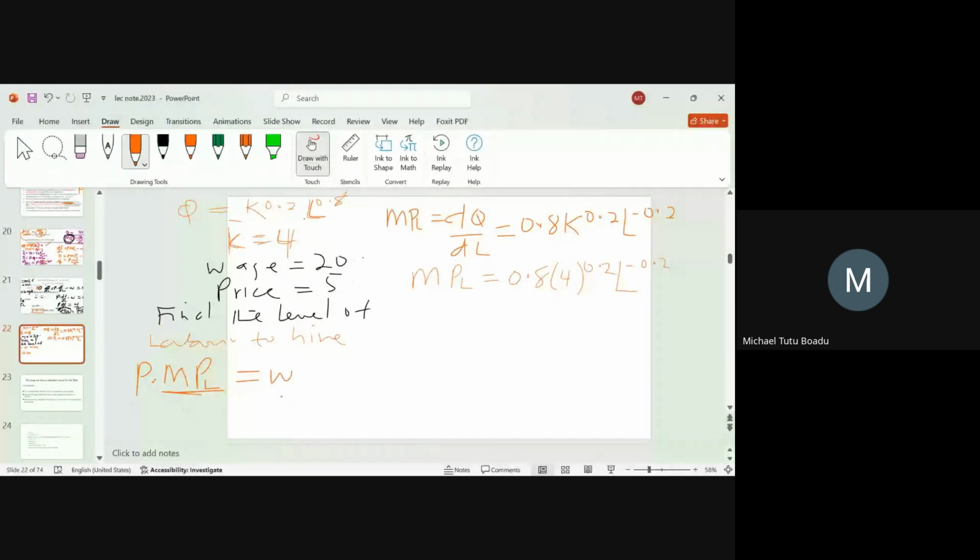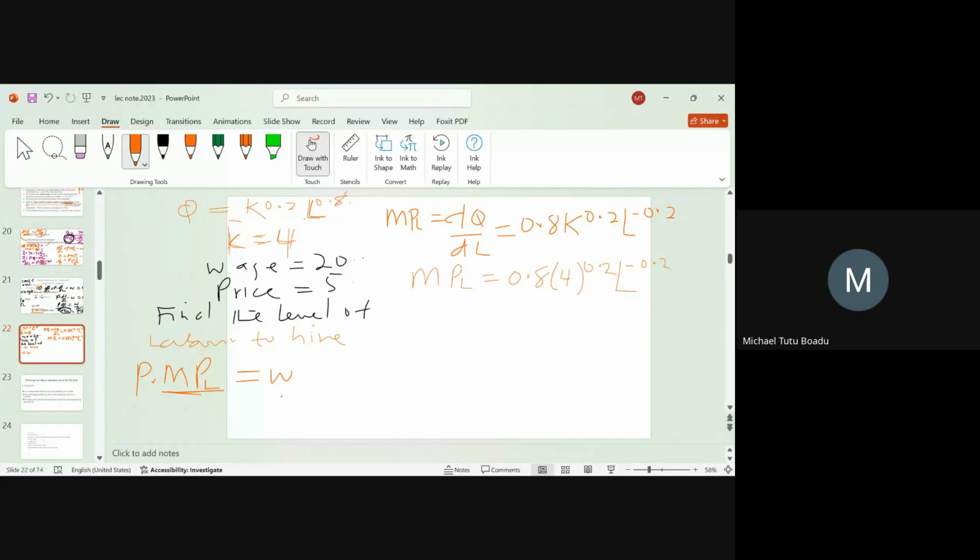So 4 raised to the power 0.2 will give us 1.3195. Multiply that by 0.8.